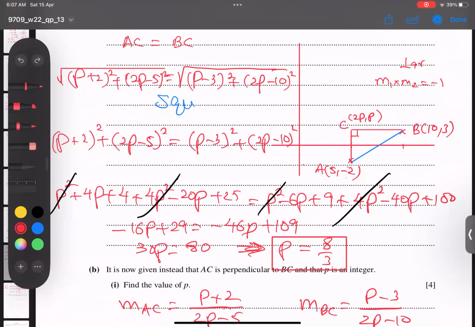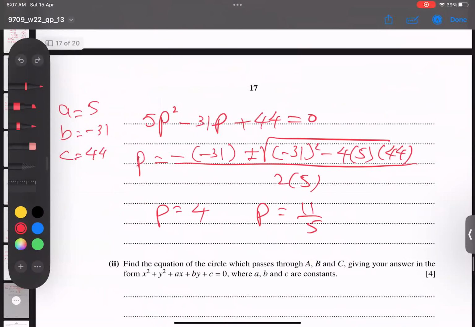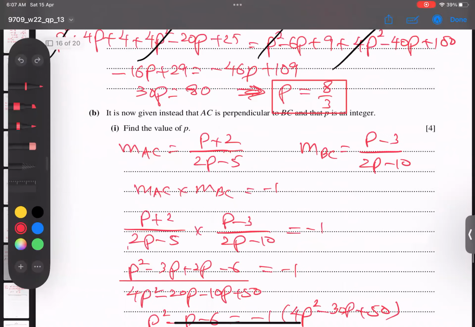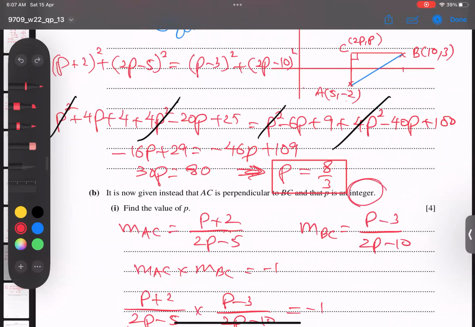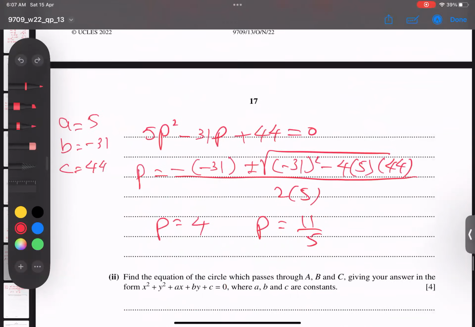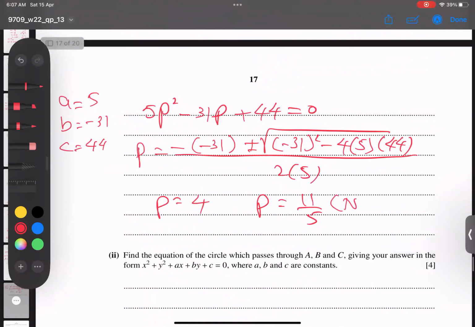P is 4. Okay, check it here. How do we know? Because I think maybe he mentioned here. Yeah, integer. See, P is an integer. So this is not an integer, right? So non-integer. So this is my final answer.